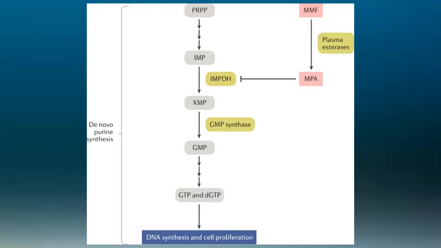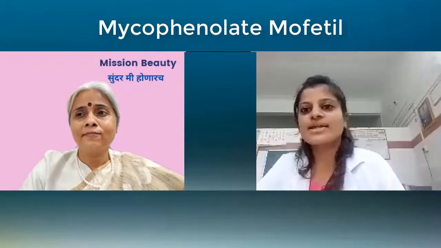So purines are basically synthesized by two pathways, de novo pathway and salvage pathway. So in de novo pathway, inosine monophosphate is converted into xanthine monophosphate by the enzyme inosine monophosphate dehydrogenase. So mycophenolate mofetil acts on this enzyme and inhibits the synthesis. So it will result in inhibition of the nucleated cells like T cells and B cells. So yes, this is the mechanism.